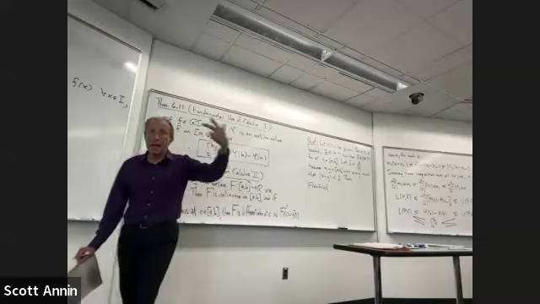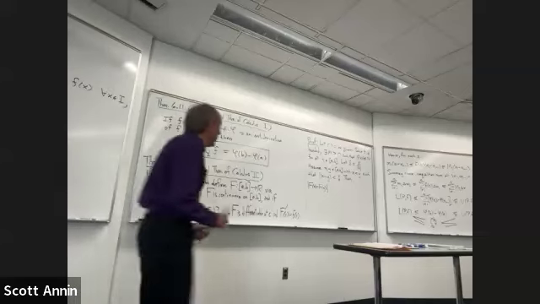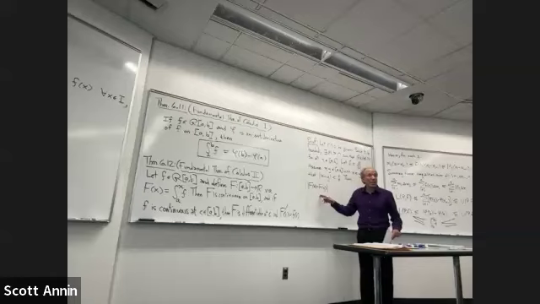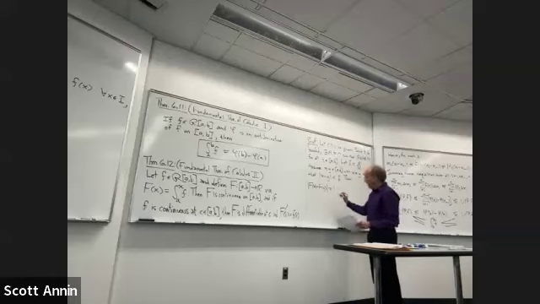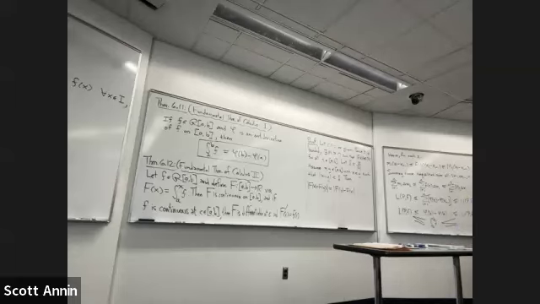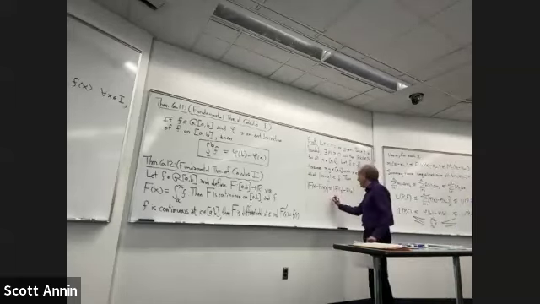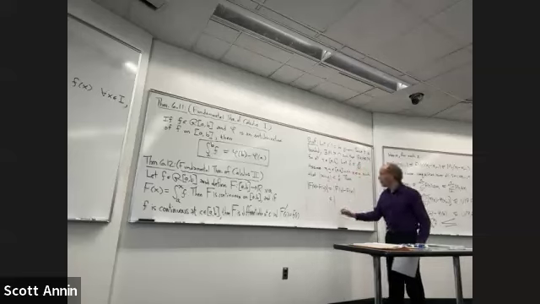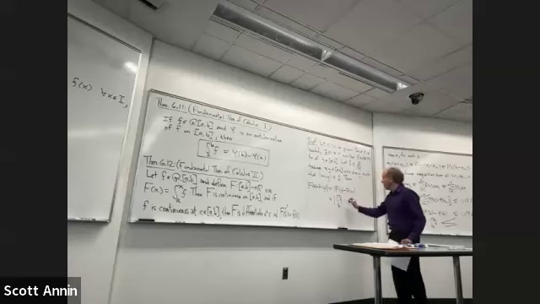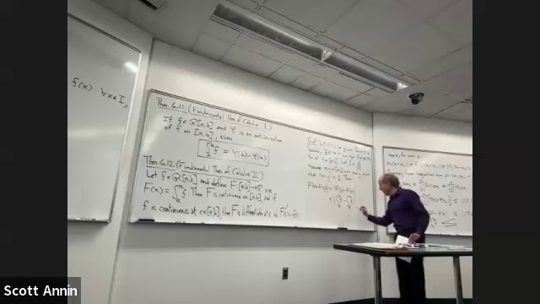So that's why I'm working with capital F. And I need this to be less than epsilon. I'm going to start by writing this in the opposite order, if this is okay. So I'm going to write it as absolute value of F of y minus F of x. There's no reason I can't do that. And then I'm just going to feed in what the formula for capital F is. We have an integral from a to y of little f minus an integral from a to x of little f.